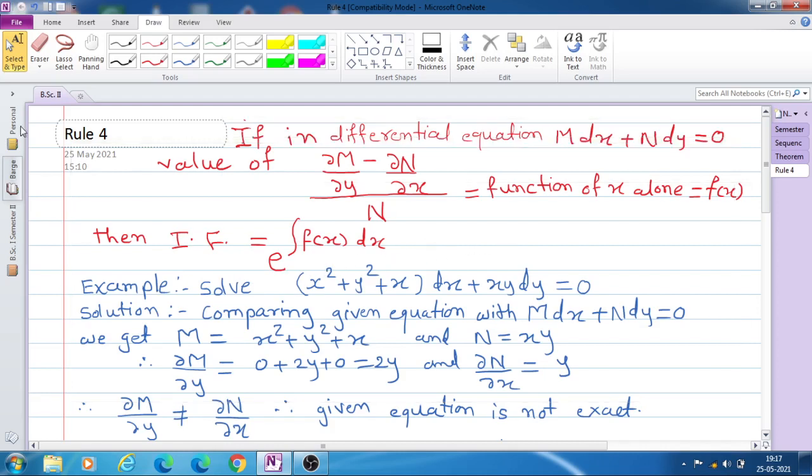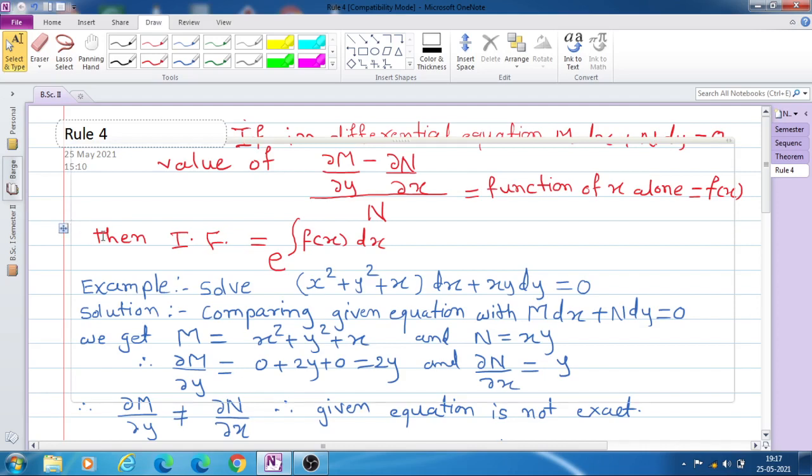Now we have seen rules 1, 2, 3. The first rule says that by inspection we can find integrating factor, but when we cannot find it by inspection, then we have to use these rules. In the second rule we have seen that the function must be in homogeneous form.